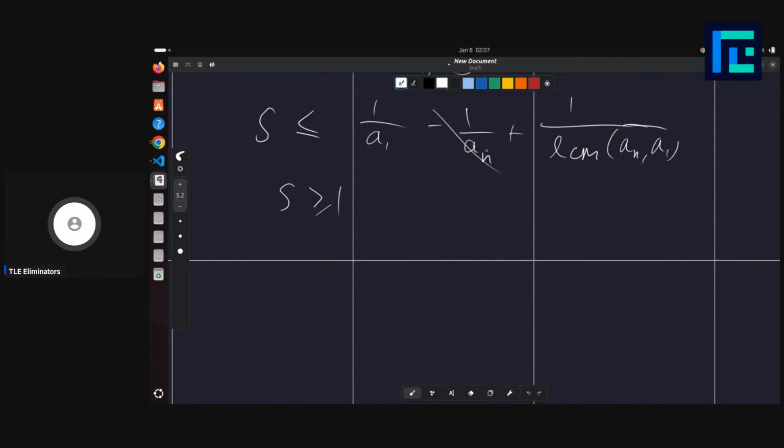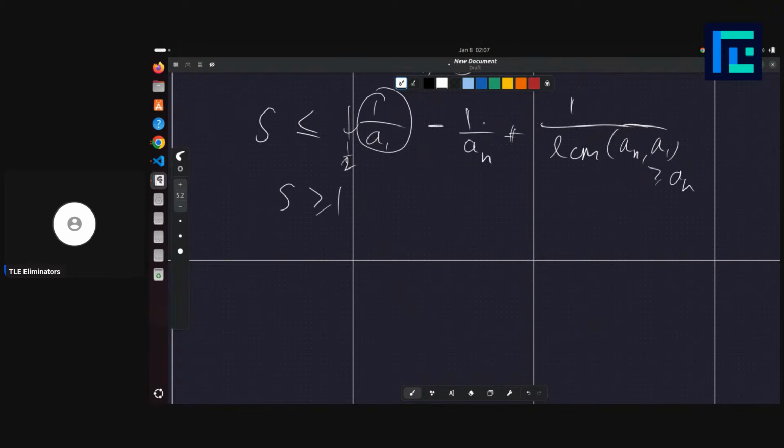If a1 is more than 1, this fraction would be less than 1. Let's say if a1 is 2, then this fraction would be 1 by 2. Also, I have minus 1 upon an here, and plus 1 upon something greater than or equal to an, since this LCM of an comma a1 would be greater than or equal to an.